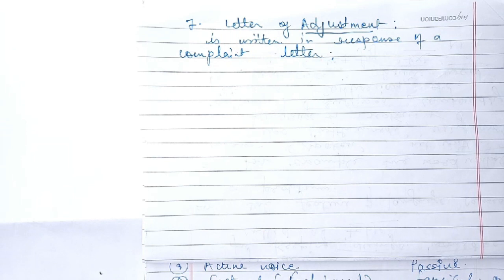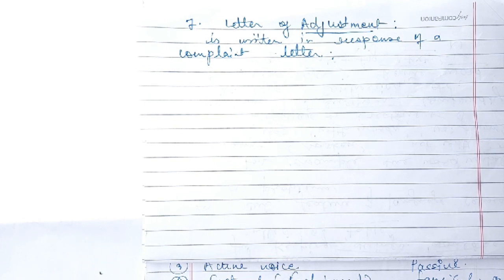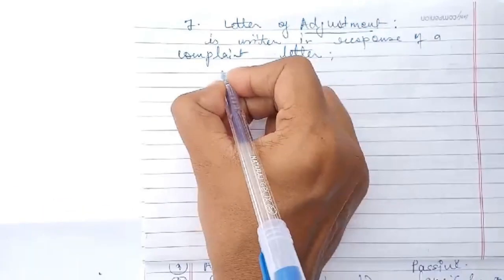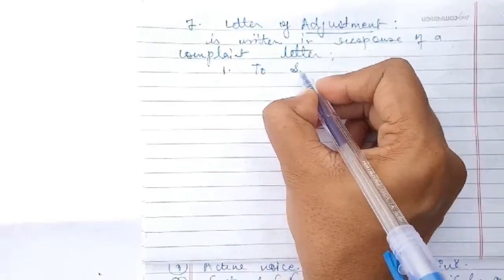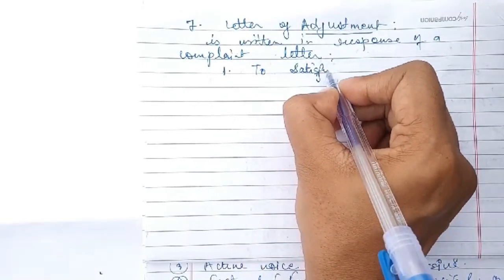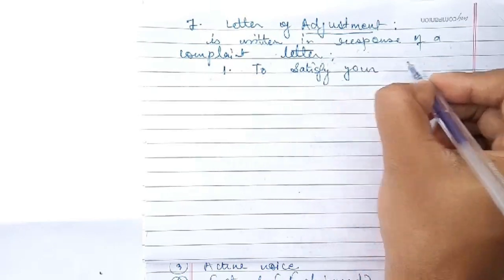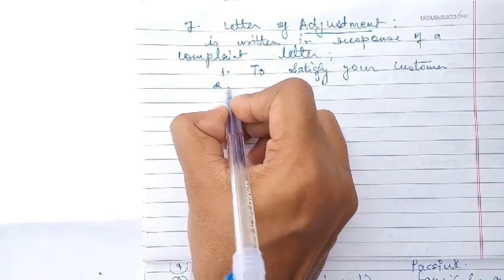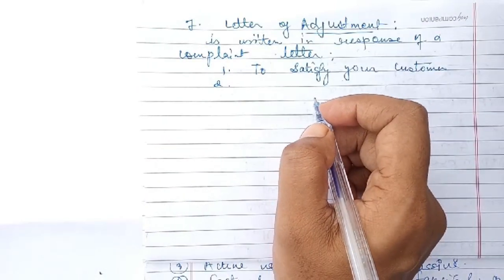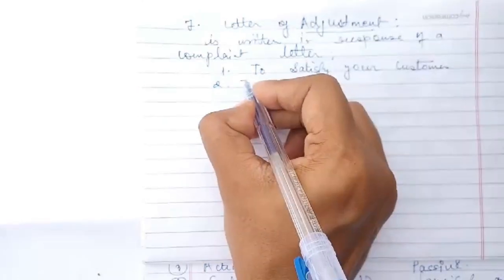It is written to reply a claim letter or complaint letter, and it generally follows the following objectives. Number 1, to satisfy your customer. Number 2, to safeguard the reputation of your organization.